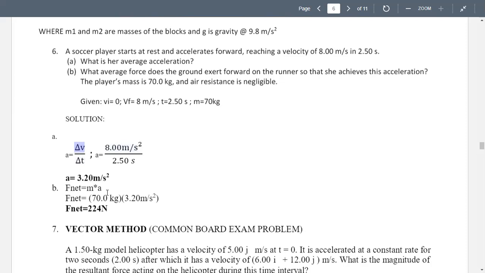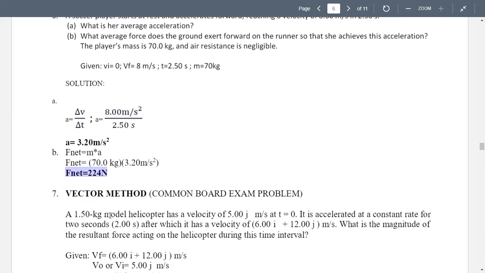To determine the total force exerted, your F net would be equal to mass times acceleration. The mass of the player is 70 kilograms. Multiply it with the solved acceleration on part A, 3.20 meters per second squared, gives us an answer of F net equal to 224 newtons.